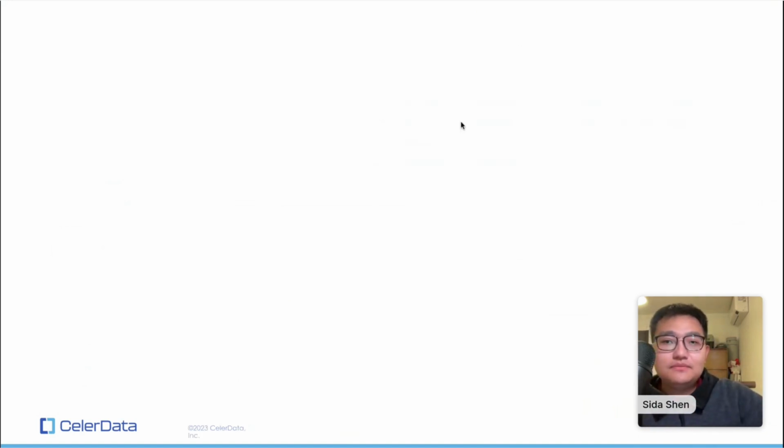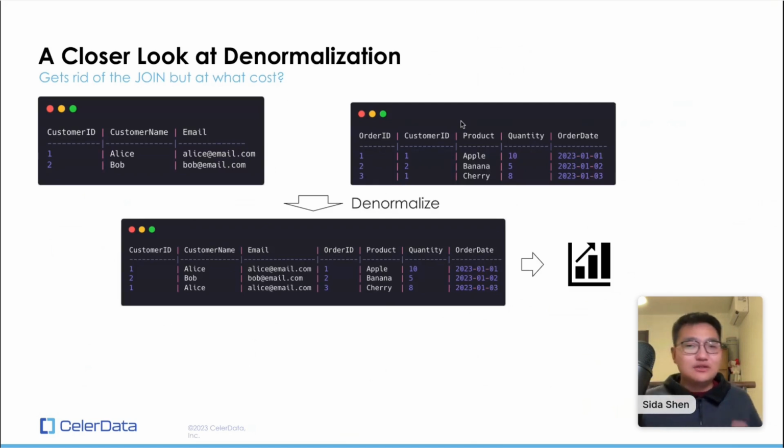And just to emphasize a little more on denormalization, let's take a closer look, and we're going to see how much this actually damaged their business. Let's say that we have 2 tables here, a customer table and a fact table, like an order table, the customer order things.